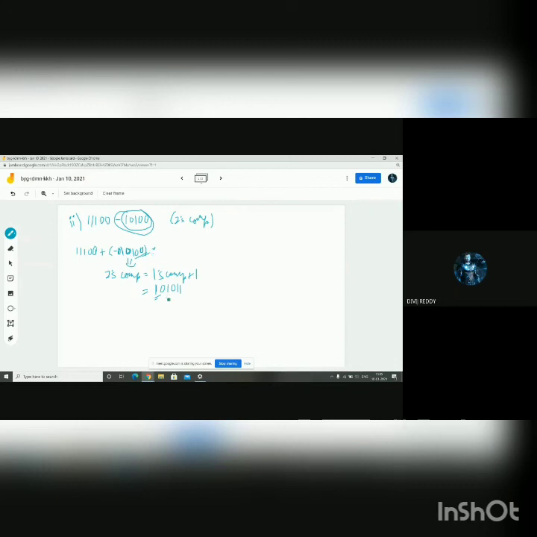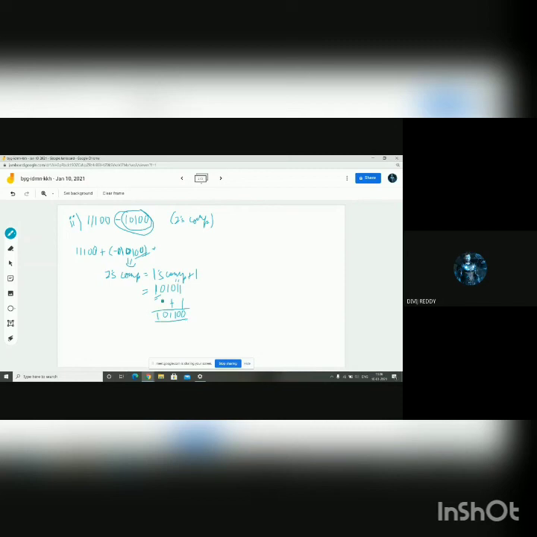10100. Now we have to add 1 to it to get the two's complement of the number. So adding 1, now we have to perform normal binary addition. 1 plus 1, we have 0, carry 1. 1 plus 1, we have 0, carry 1. 1 plus 0, 1. 1 as it is, 0 as it is, and 1 as it is.